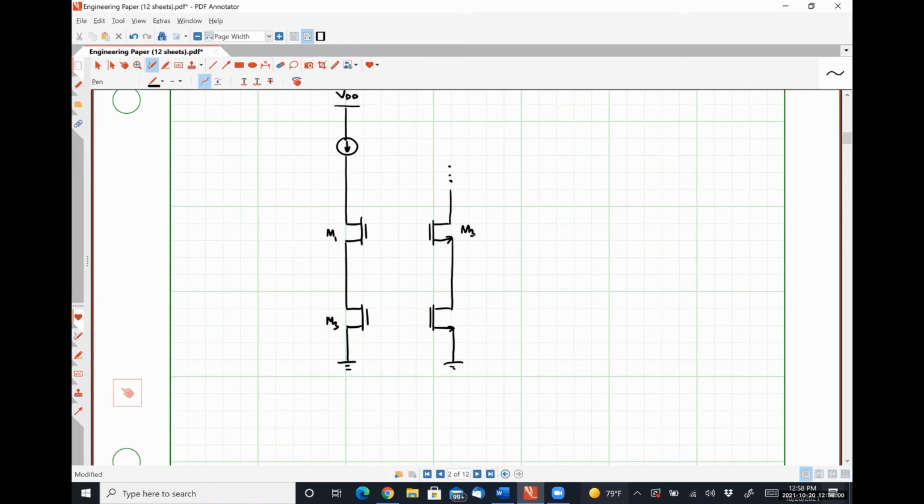Call this guy M3, this guy M4, and we know that our gates are going to be tied together.